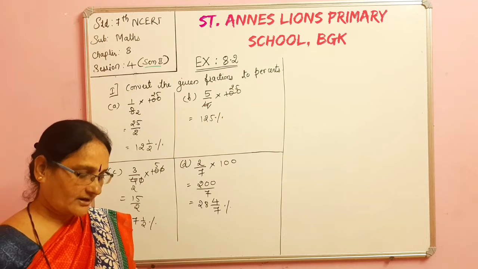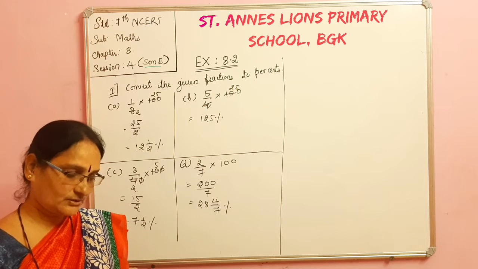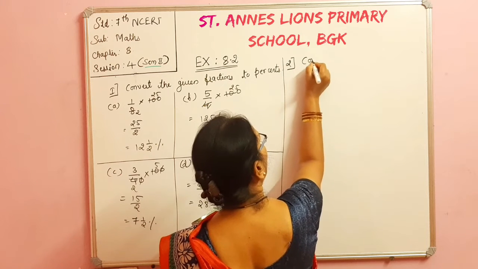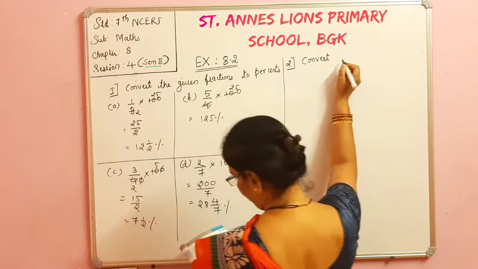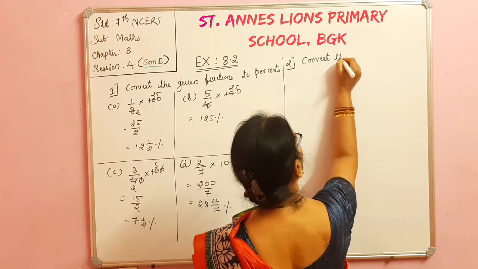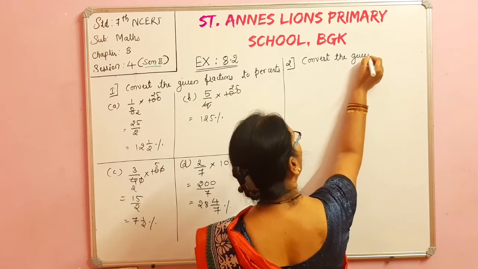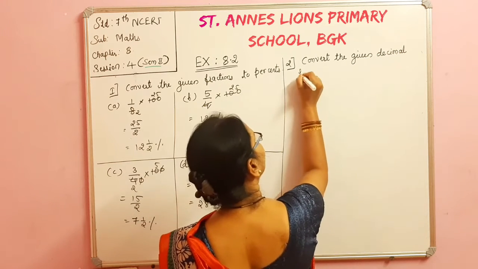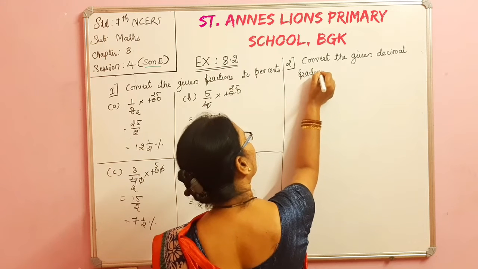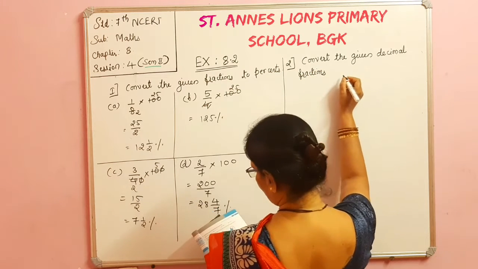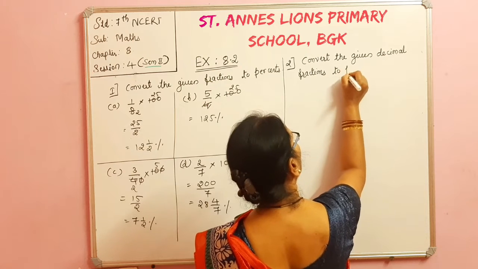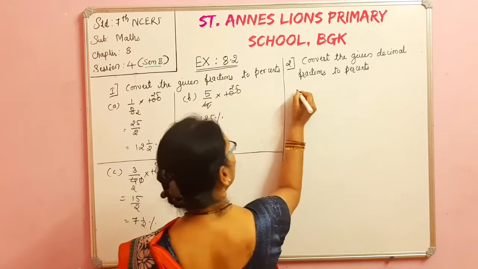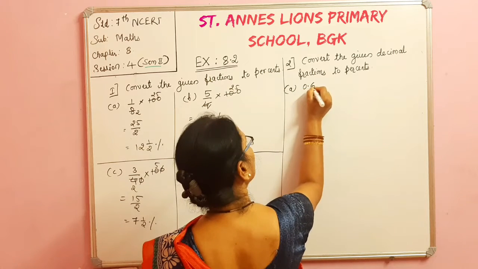Second main we will see now. Convert the given decimal fractions to percents. The first one is 0.65.